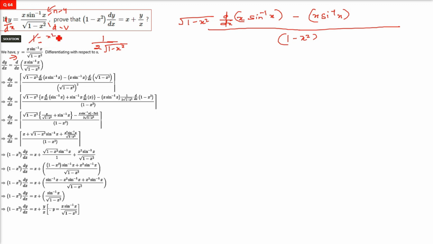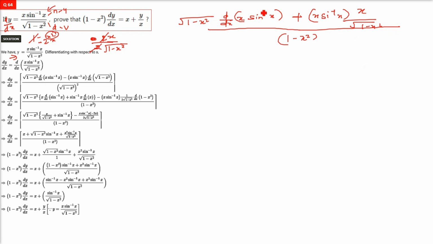Then we will do the differentiation of 1 minus x square. That is going to be minus 2x. So 2 gets cancelled. Finally, the differentiation of under root 1 minus x square will be negative of x by under root 1 minus x square. So minus minus I took it as plus, and x by under root 1 minus x square I am writing.